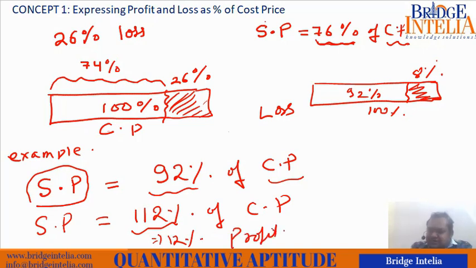This is the first concept that you must be familiar with. You have to learn how to express profit percentage or selling price as a percentage of cost price, because the story begins with the cost price. The story begins with the investment made by the person.